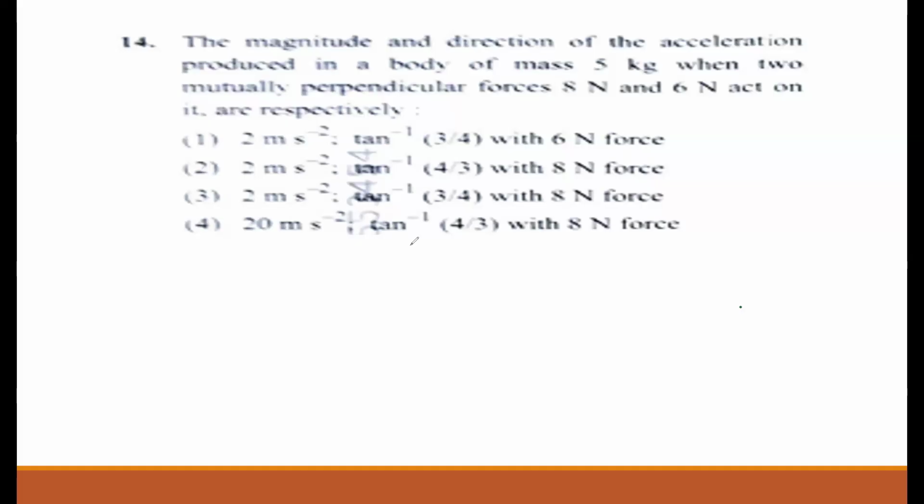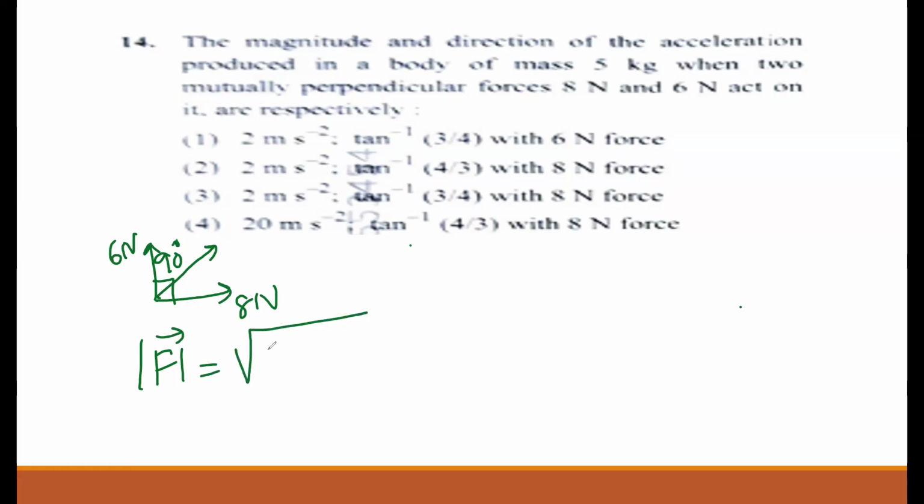Now coming to question number 14 here. The magnitude and direction of acceleration produced in a body of mass 5 kg, when two mutually perpendicular forces, 8 Newton and 6 Newton, are acting. So the magnitude of the resultant force when they are at 90 degrees, applying the parallelogram law, would be under root 8 square plus 6 square.